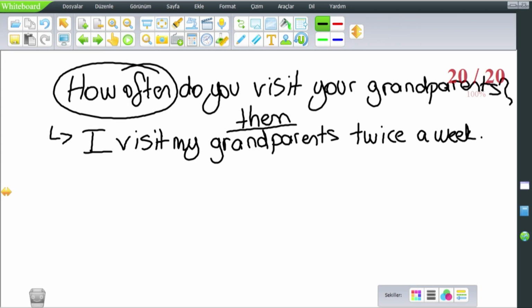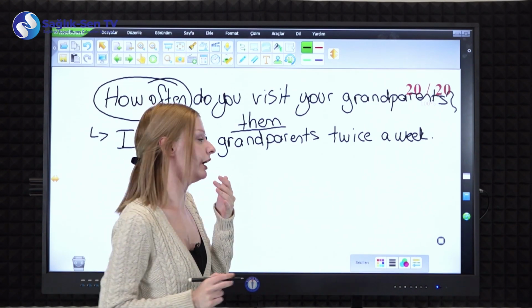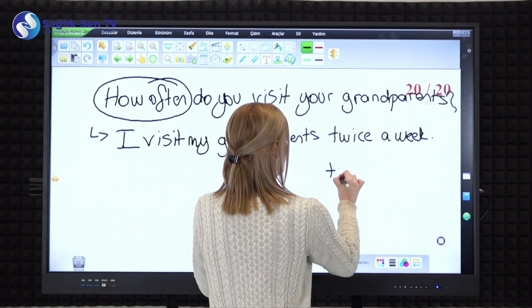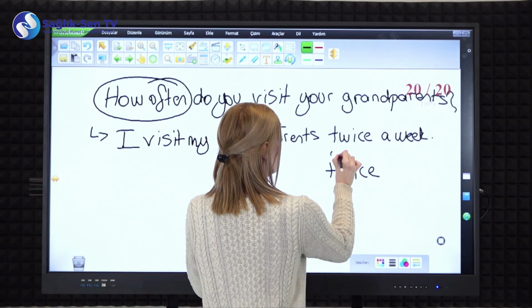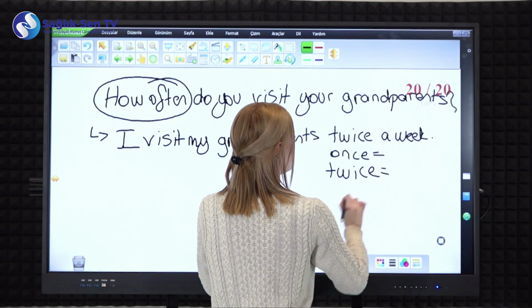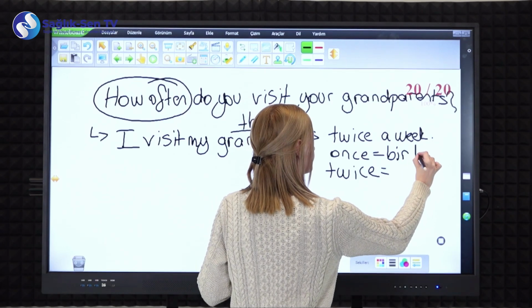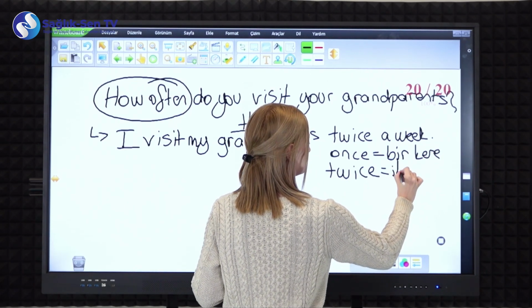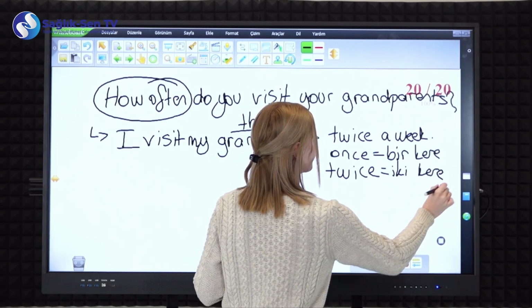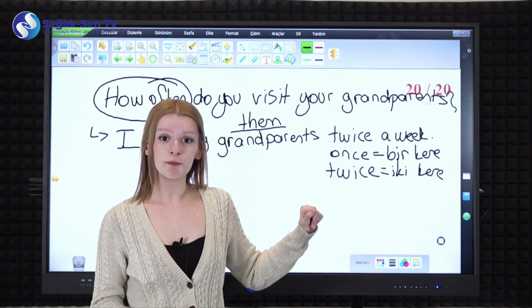Now, we gave this example, but I want you to also remind twice, once. What were these? Do you remember? But these are the exceptions.